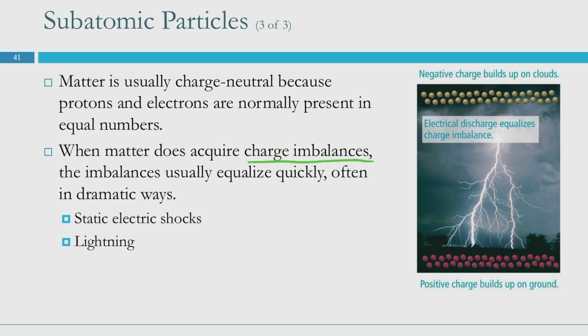Usually they build up slowly, but then when they go to equalize, it's very sudden. For example, static electricity shocks: if you're shuffling your feet around the house and you touch something metal or bump into somebody and you get that little shock, that's all of the charge normalizing itself in one go. Lightning is also an example of this.